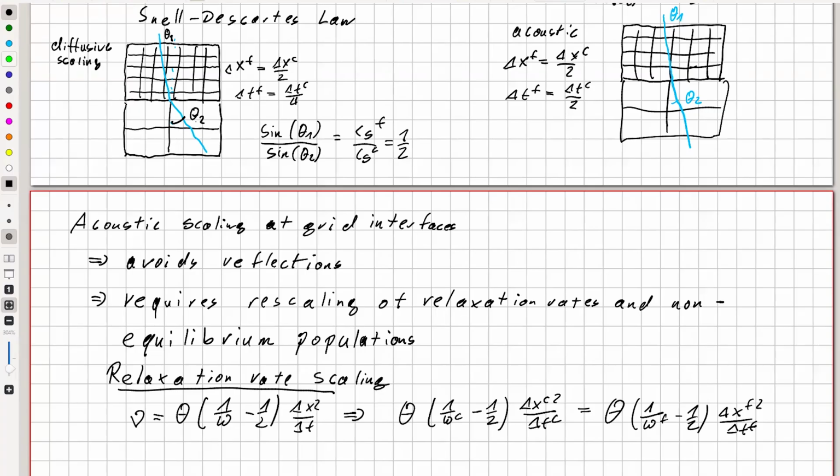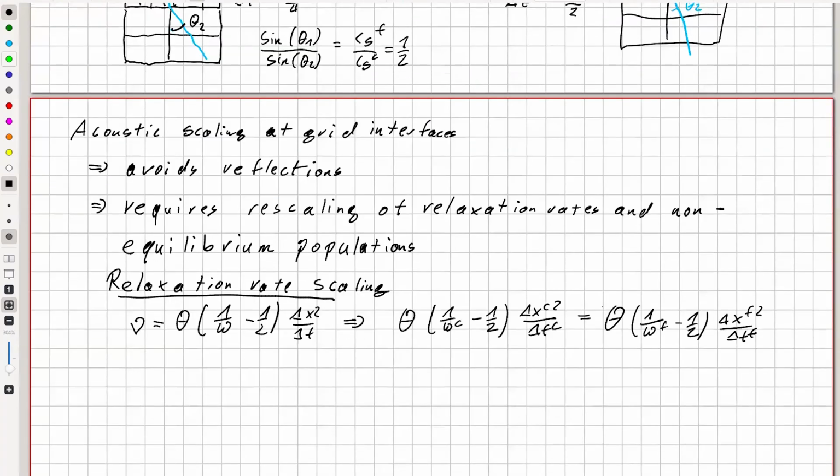Now you can eliminate stuff and solve this. For example, say we are given omega coarse, then we can solve this for omega fine, or 1 over omega fine, to make it easier to write down.